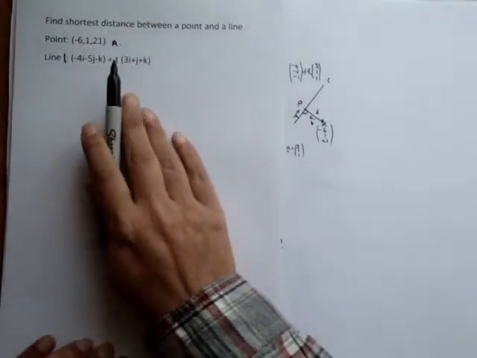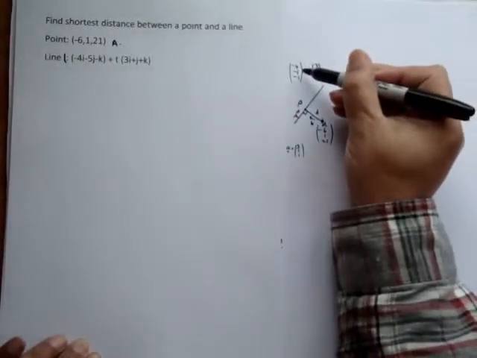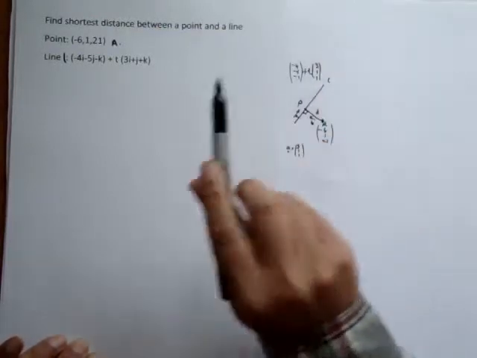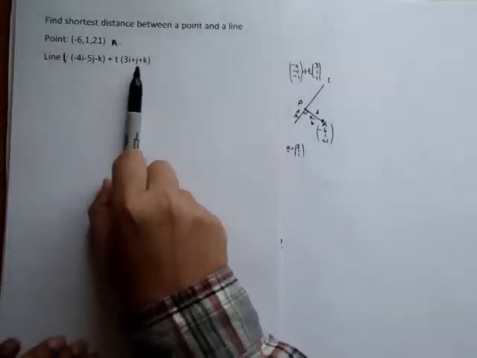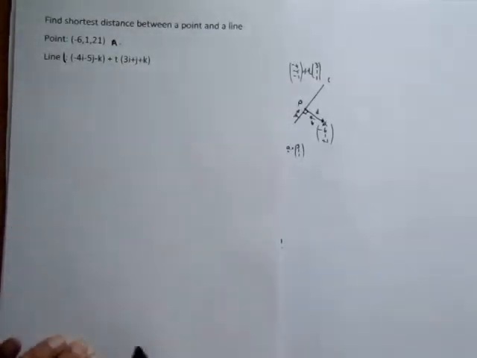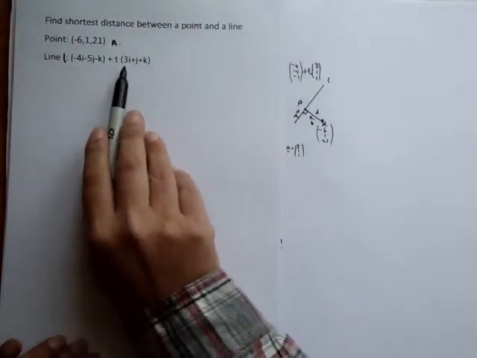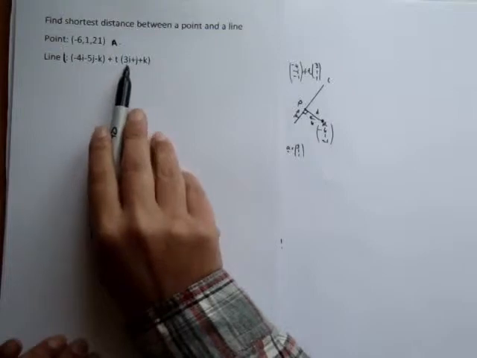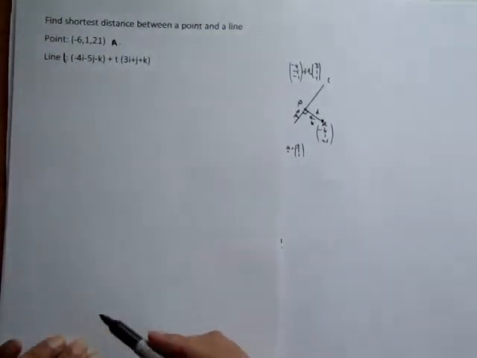First of all, let's write this line equation in column form. Now this represents the position, this represents a direction vector. So our direction vector for a, we already know, is 3, 1, 1, so we can write that here.